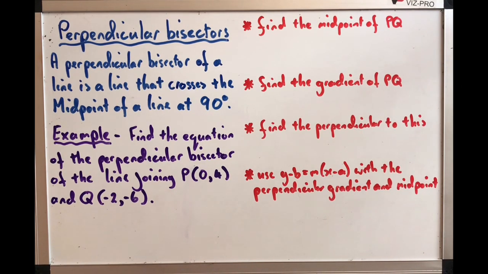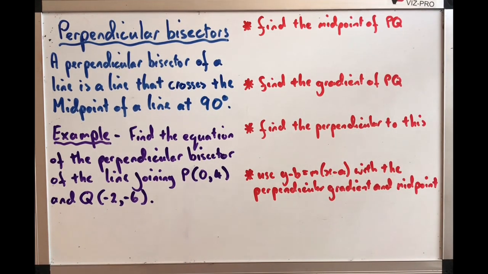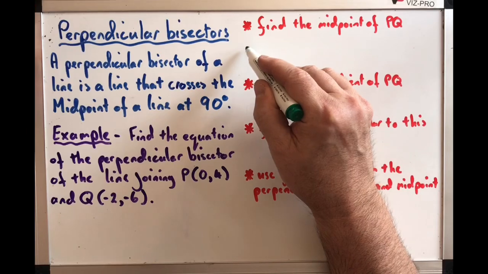Firstly, we need to find a point on this perpendicular bisector. The only point we can find will be the midpoint of PQ. So we need to find the midpoint of PQ.